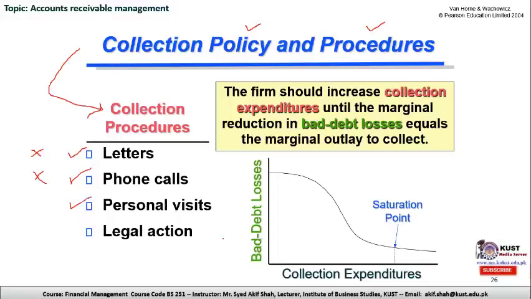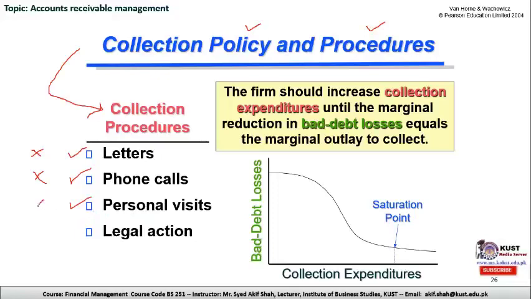So the collection personnel of the company will make a personal physical visit to that credit customer who has already purchased the product from our company, in order to ask for the collection of account receivable.